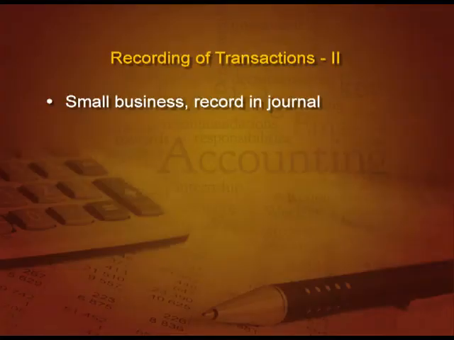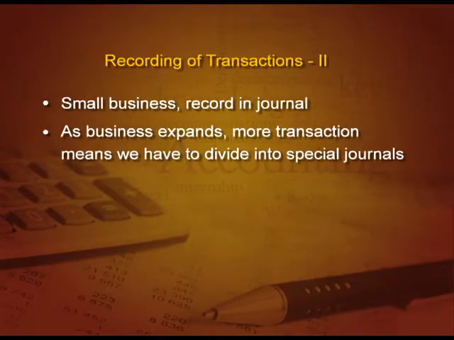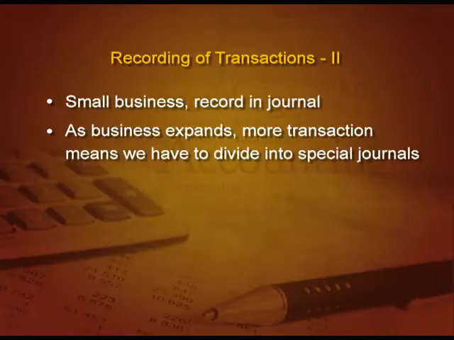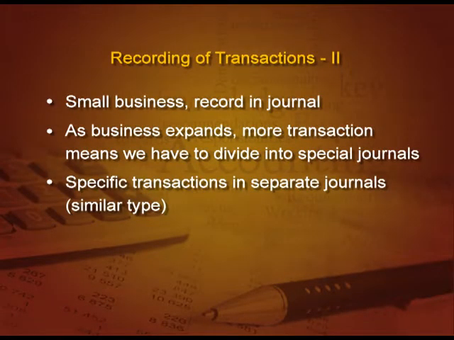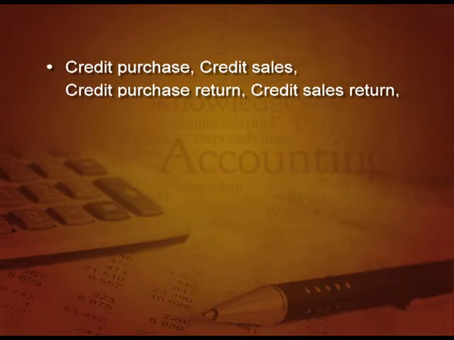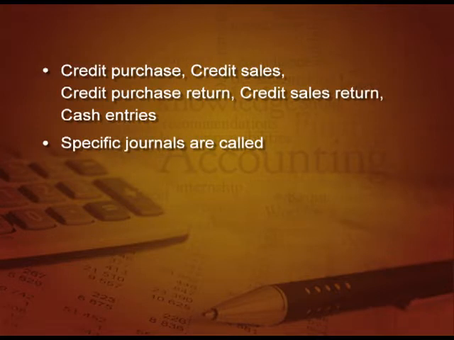When the business is very small, we record in journal, but as the business expands, with more and more transactions, we have to divide it into special journals, which means that specific transactions of a similar type are recorded in a separate journal, like credit purchase, credit sales, credit purchase return, credit sales return and cash entries. These are all recorded in their specific journals.